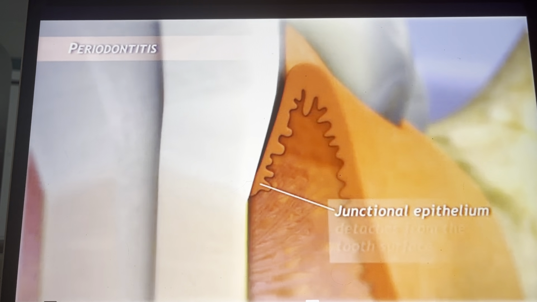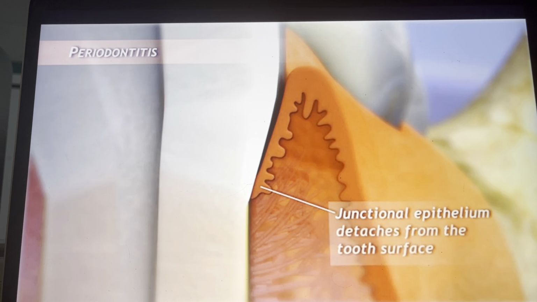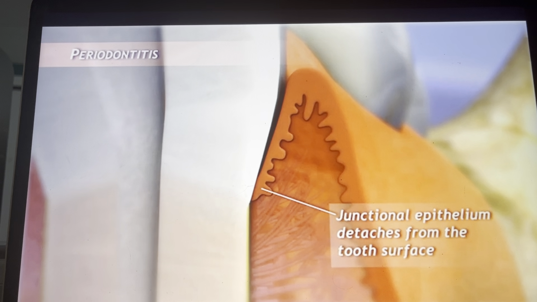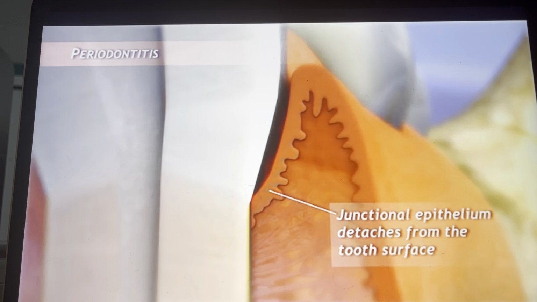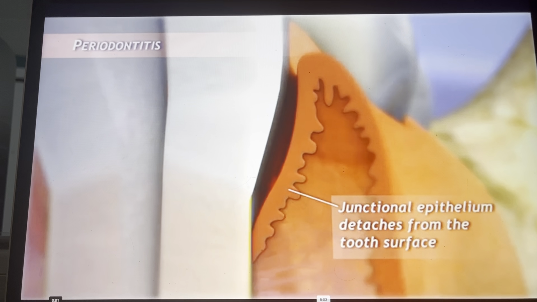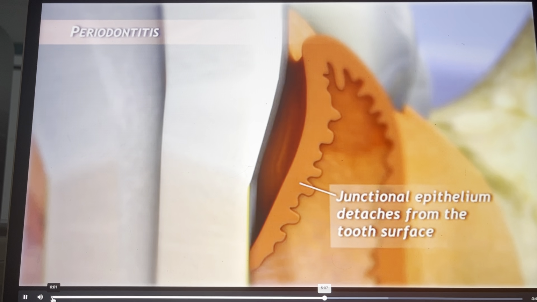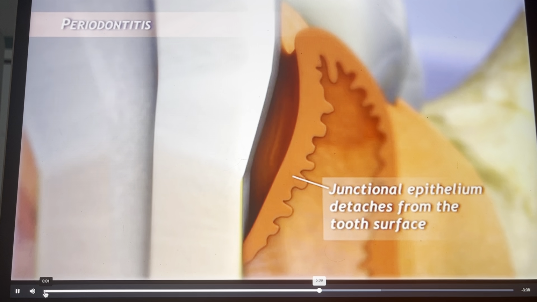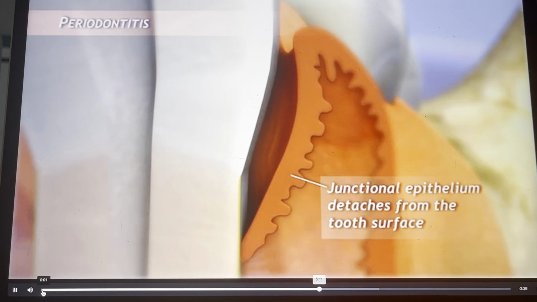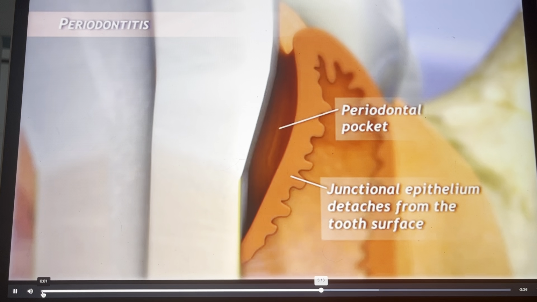The coronal-most portion of the junctional epithelium detaches from the tooth surface. As the bacterial infection progresses, the apical portion of the junctional epithelium moves farther in an apical direction along the root surface, creating a periodontal pocket.